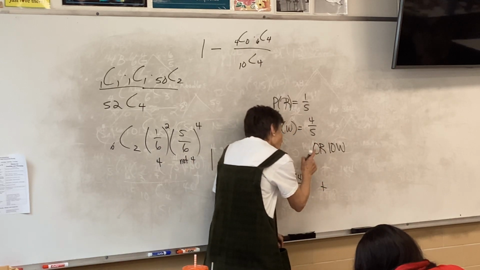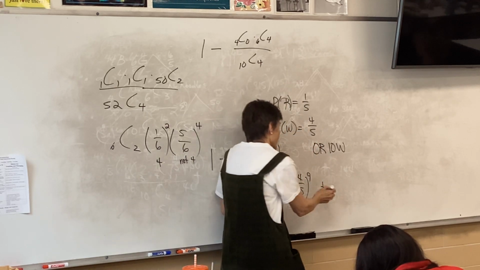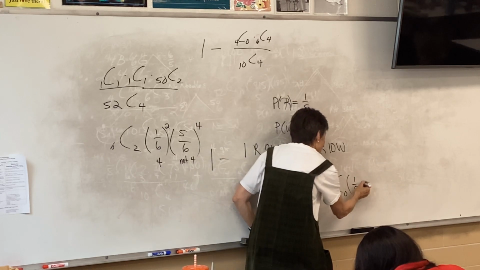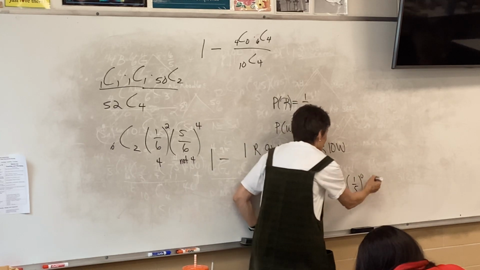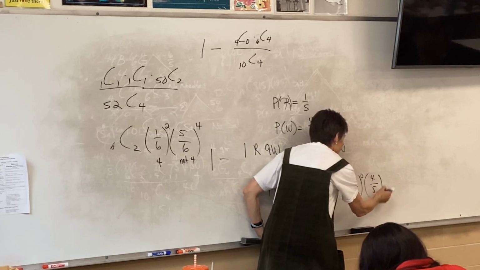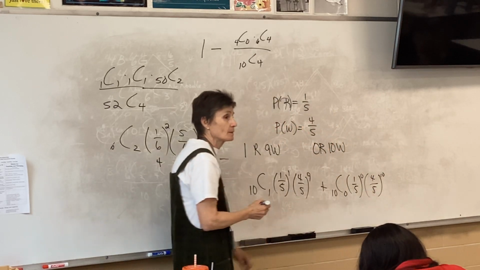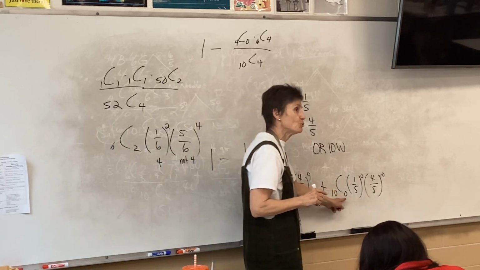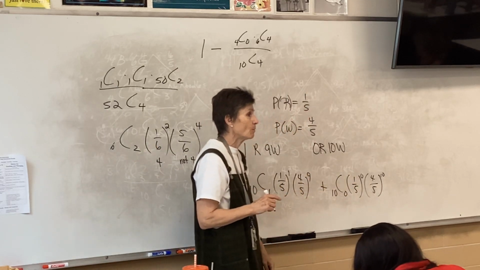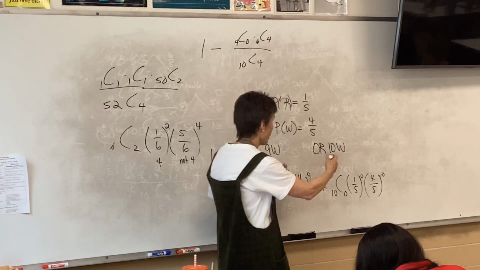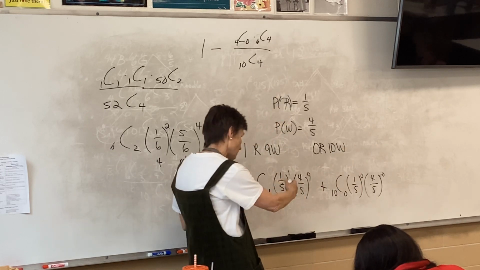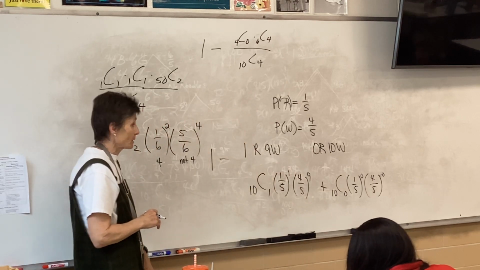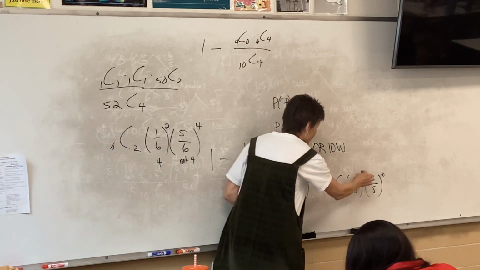What would none right look like? 10C0, 1/5 to the 0, and 4/5 to the 10. Now again, anytime a 0 is involved, you do not need to write it down, but it kind of keeps the problem looking symmetric if you put it in there, but you don't need those. That's 1, and that's 1.